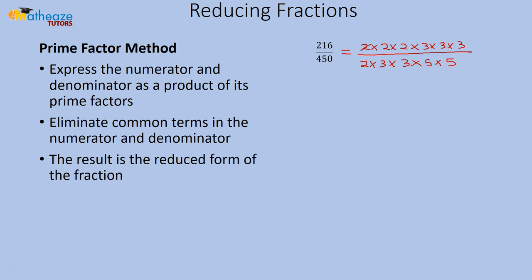So this crosses this out. 3 crosses this out here. 3 here crosses out this 3. So we're left with 2 times 2 times 3 over 5 times 5. This is going to give us 12 over 25.